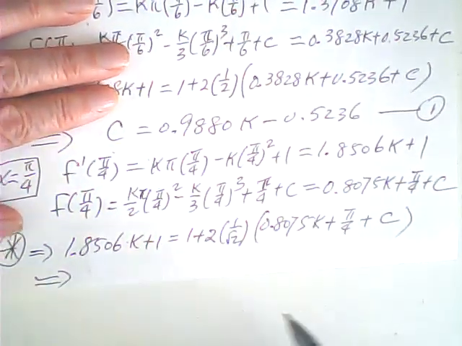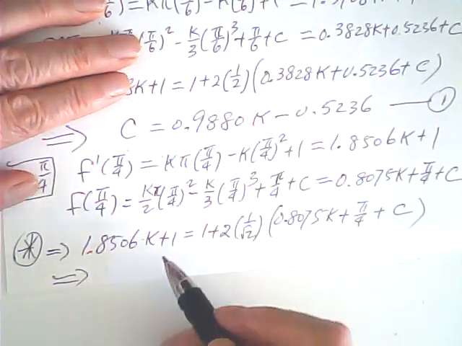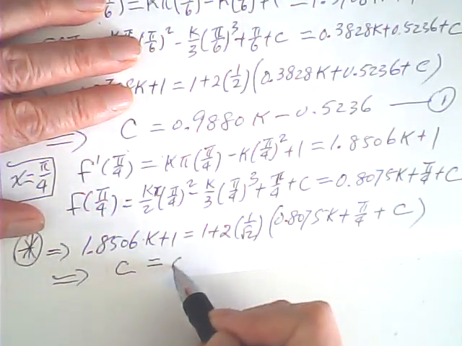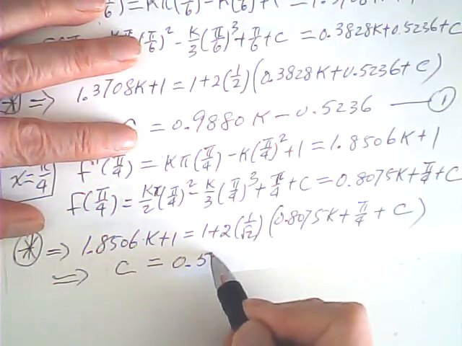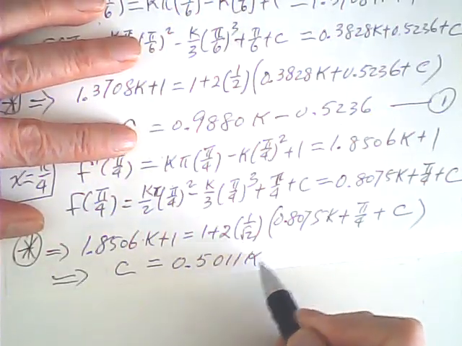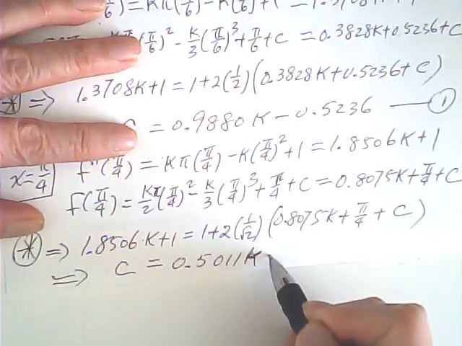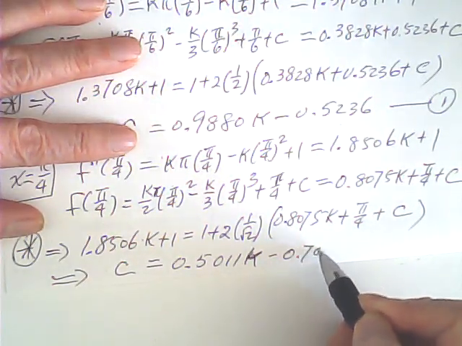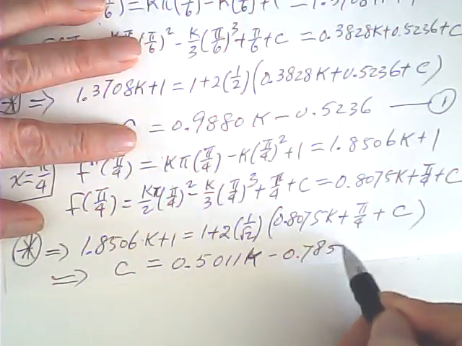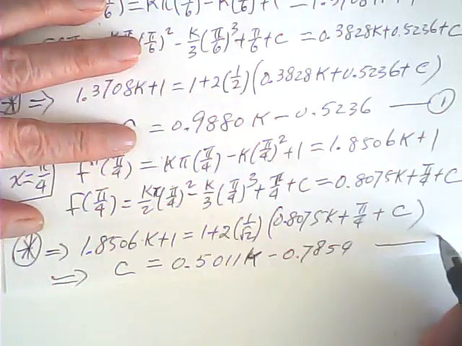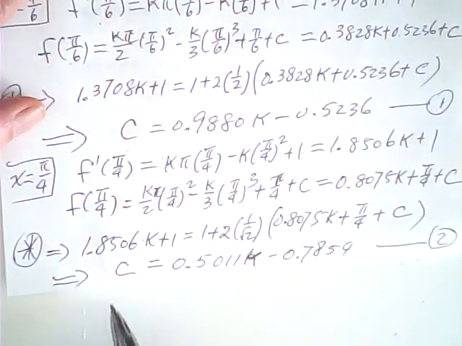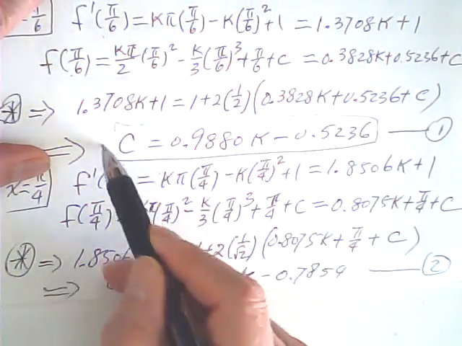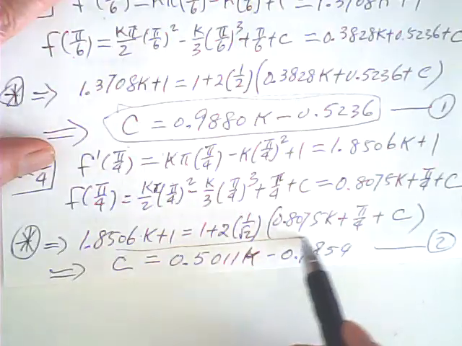Then we get a new equation after simplifying. C is equal to this minus 0.7854. I call this equation 2. See, we have equation 1, we have equation 2.